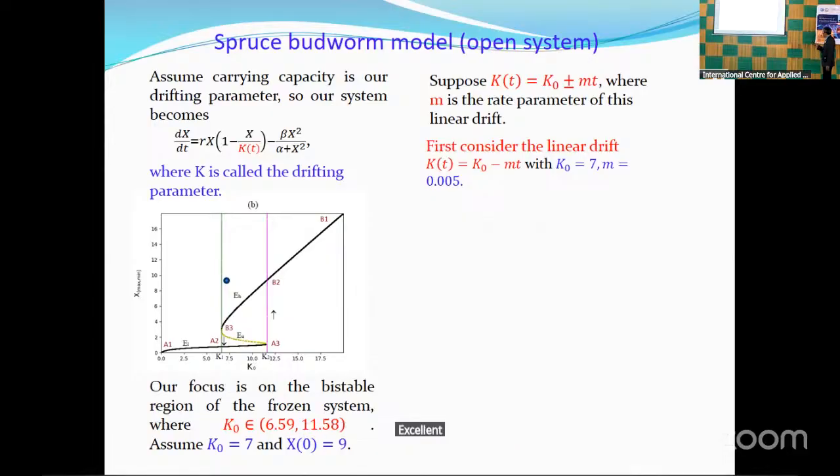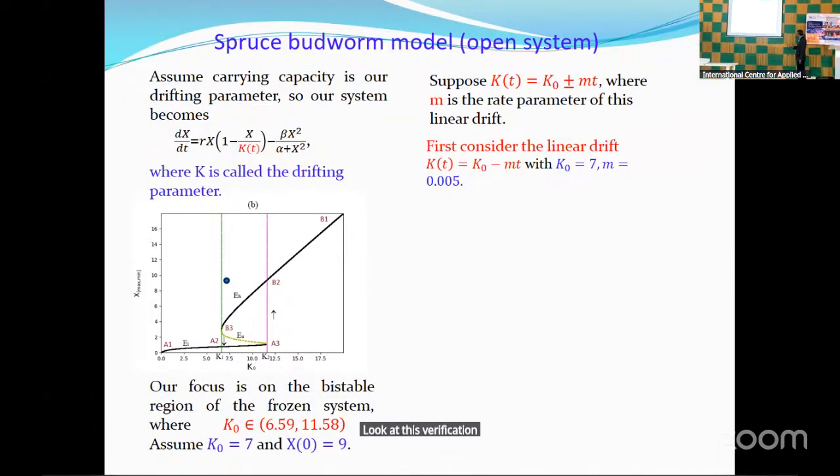So first we consider that our drifting parameter changes linearly, and we first consider the decreasing side. So K(t) equals K0 minus At. Here K0 is 7, and then it decreases gradually at a rate A. So look at this bifurcation value.